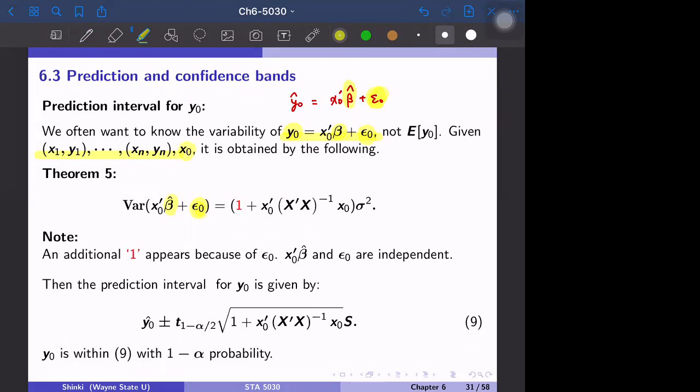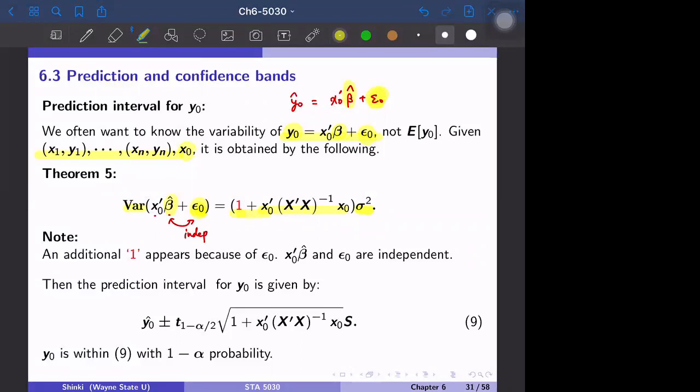The assumption of the linear model is that all these n+1 observations are independent. So beta hat and epsilon naught are also independent, and we can calculate the variance separately. The variance of x naught transpose beta hat is what we calculated in the previous slide. Then what is the variance of epsilon naught? The variance is sigma squared, which is the definition of the model. So we add sigma squared. That's why we add 1 here for the prediction interval.